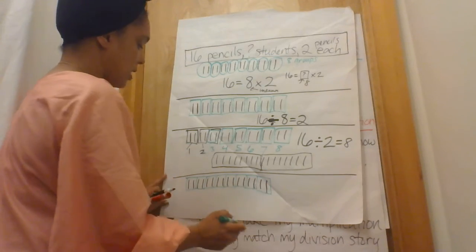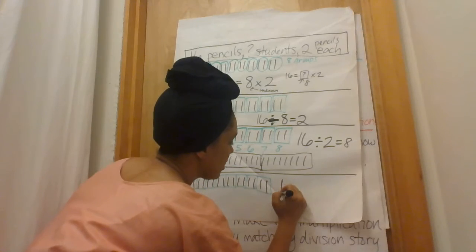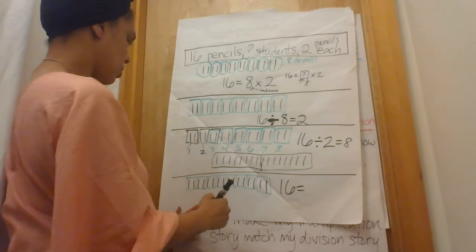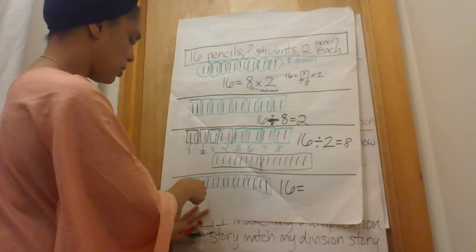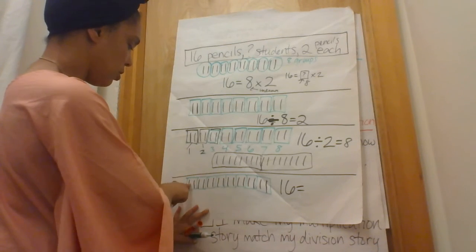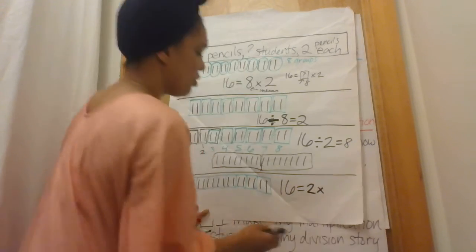So let's find out, right? When I look at this, I am looking like, okay, well, this is 16, right? 16 equals 2 times 8 groups, right? So there's 2 inside of each group. And then how many groups do we have here?